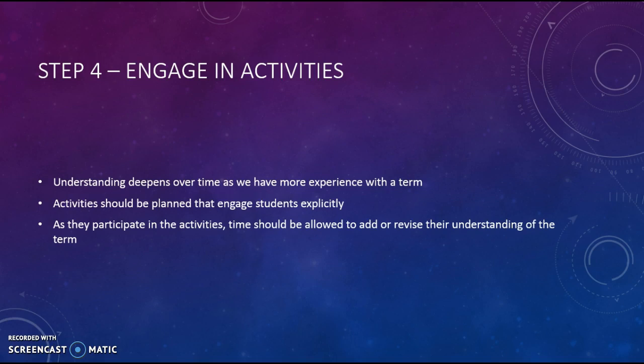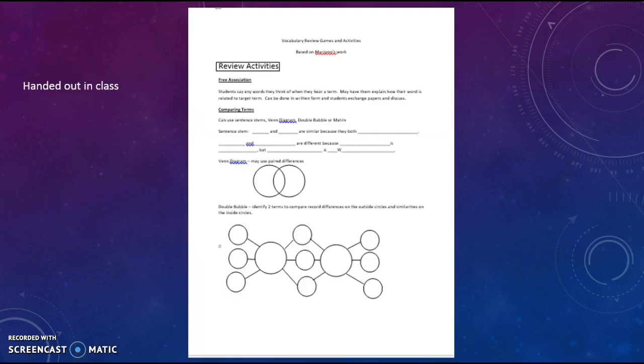So in both steps 3 and 4, always going back to that step 2 definition that they provided and adding to it or clarifying it or making it a deeper meaning. So I handed out a list of different review activities, different games and activities that they could use in order to meet this step. So take a look at those.